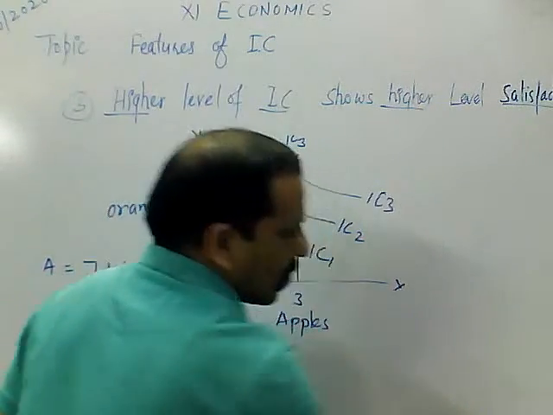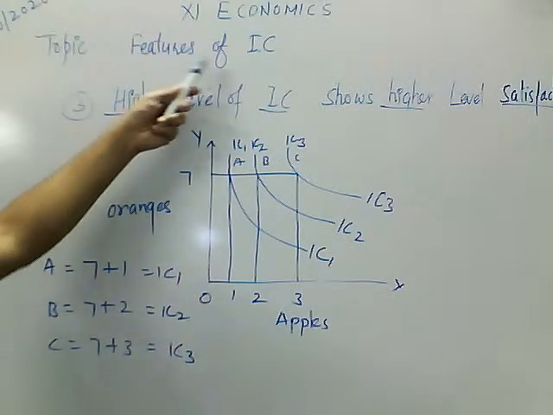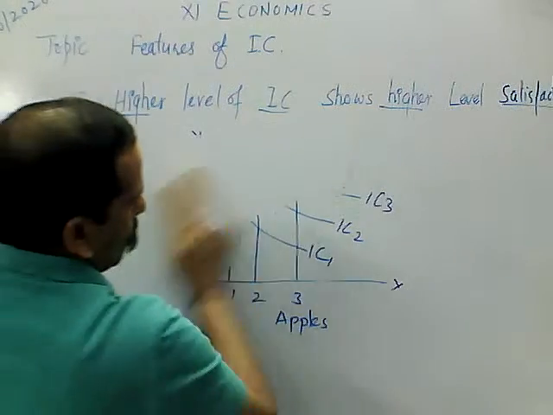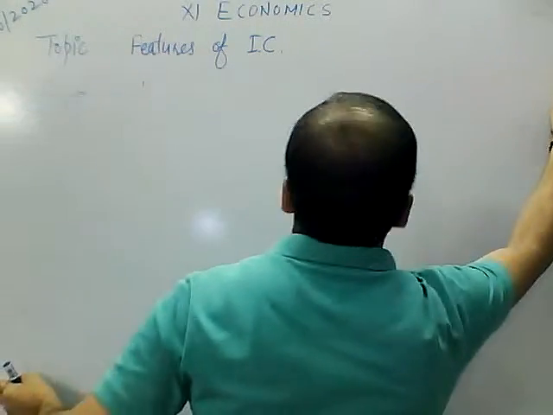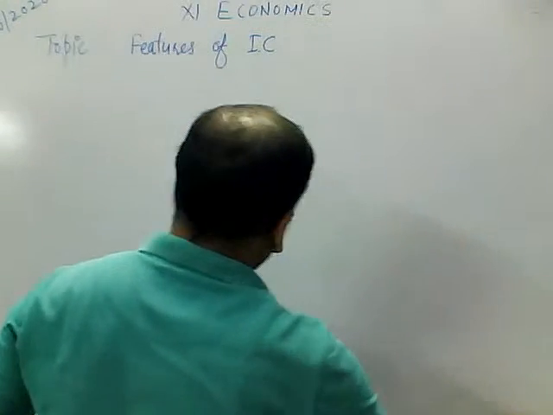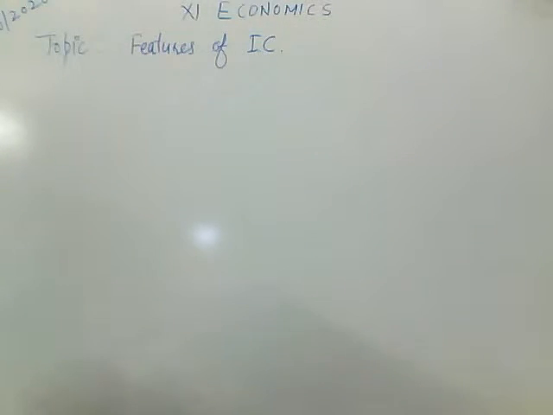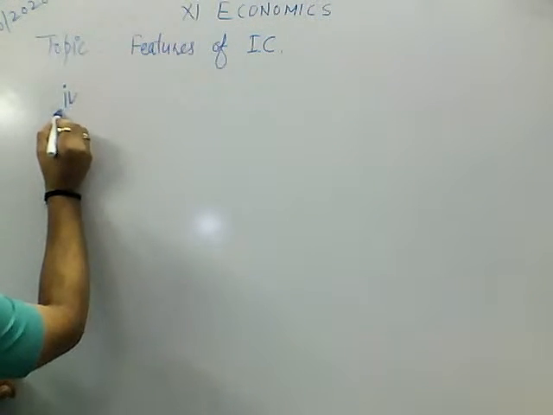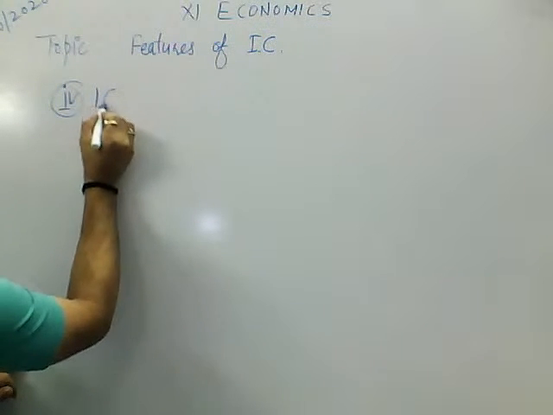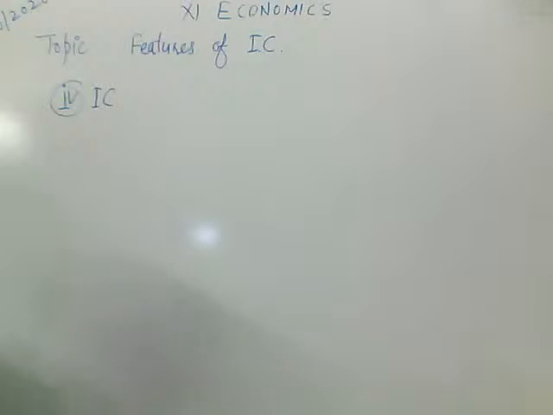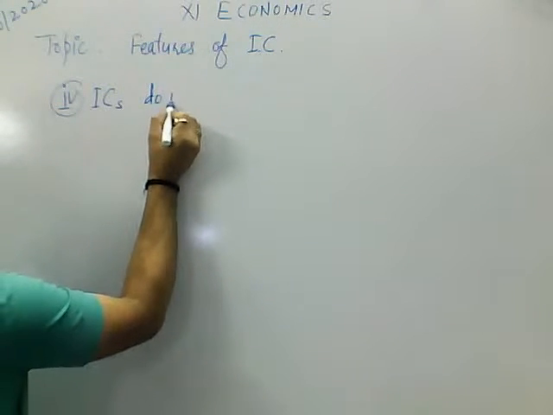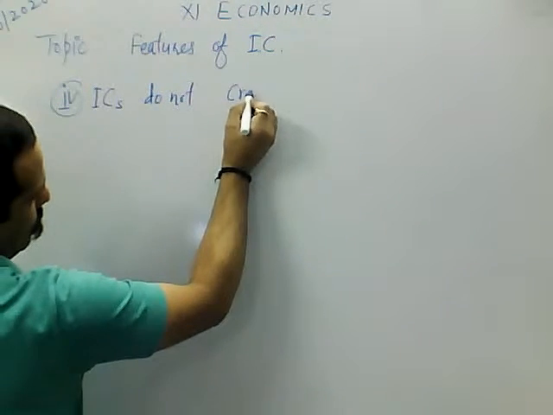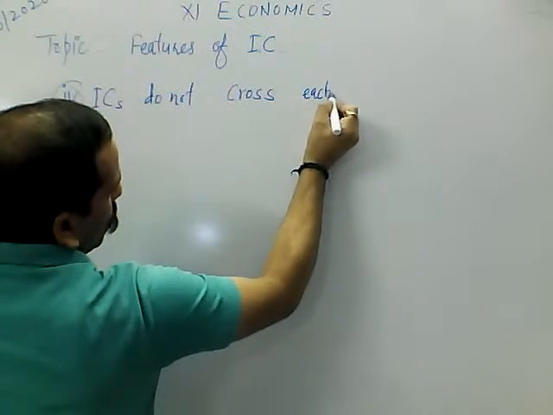Okay, good. Now the properties, the features of the indifference curve. Fourth feature, fourth property: indifference curves do not cross or intersect each other.